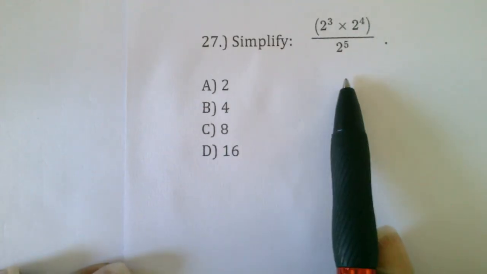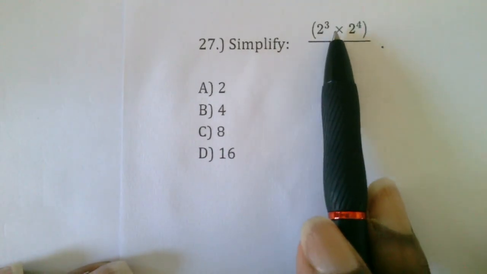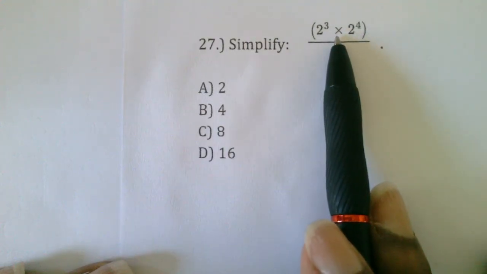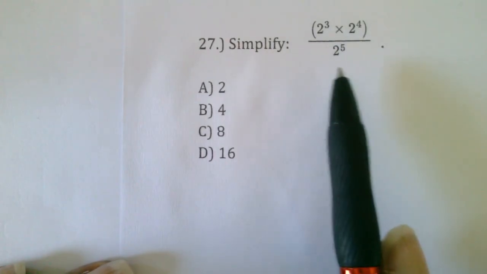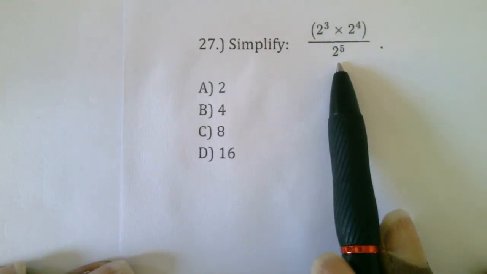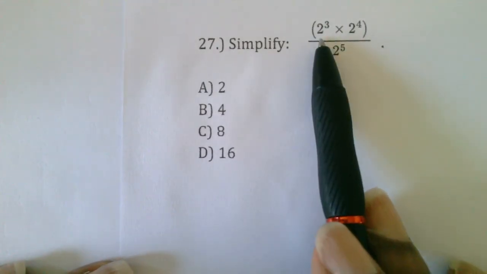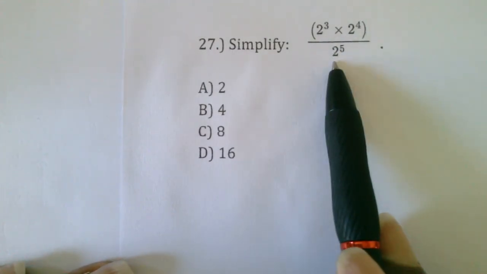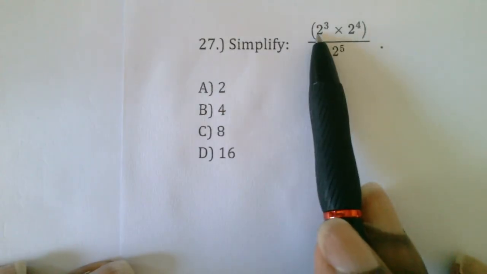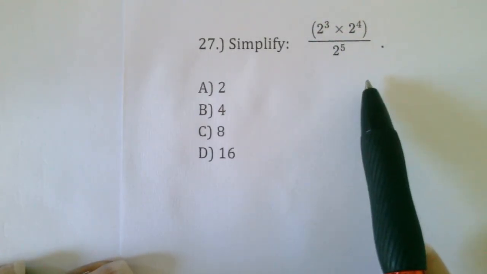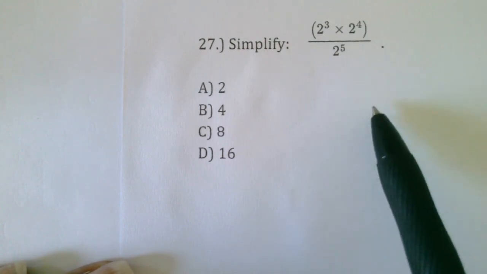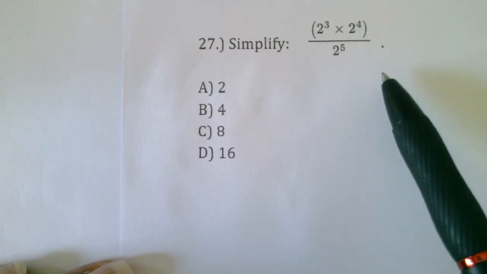So, if we take a look, we have 2 to the 3rd power times 2 to the 4th power over 2 to the 5th power. Now, we could translate this and ask, all right, what's 2 to the 3rd power? That's 8. We could do all that. Or we could use the rules or the properties of exponents.